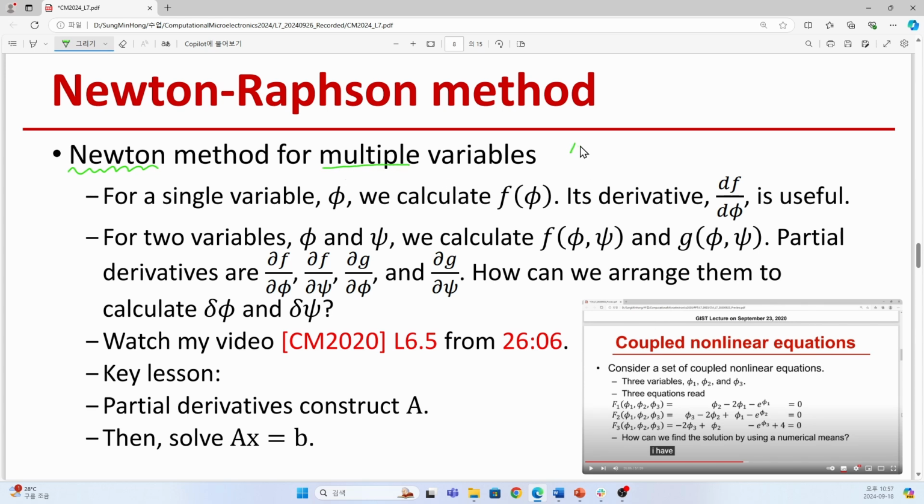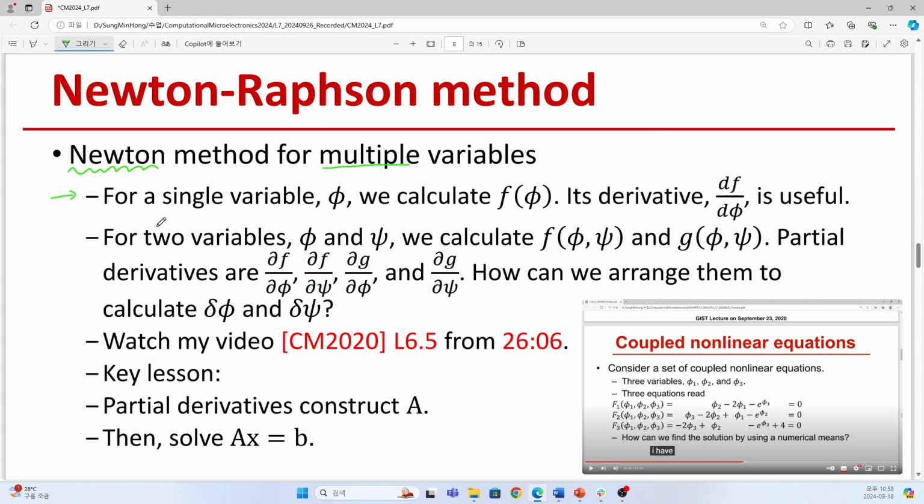For example, we can have 100 variables or 200, sometimes 1,000, even larger. So we have so many variables, then how can we apply or how can we generalize our Newton-Raphson method? So please have a look at this line.